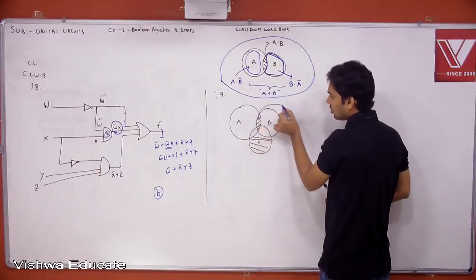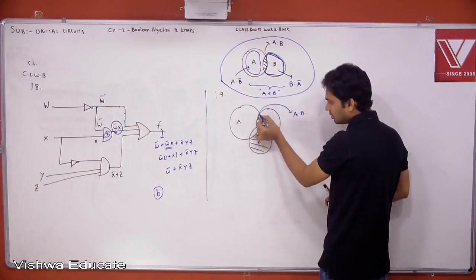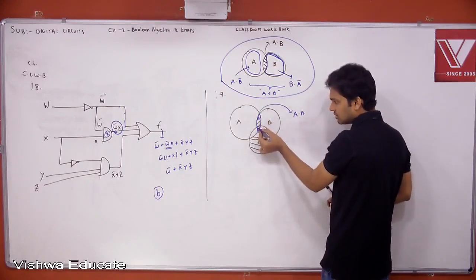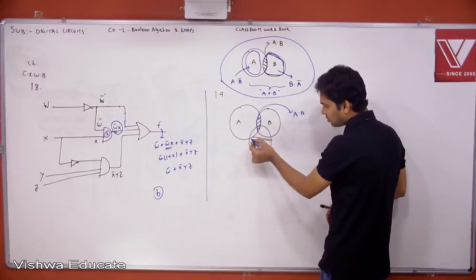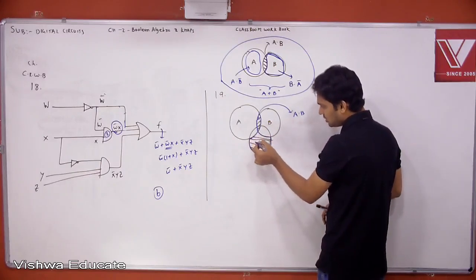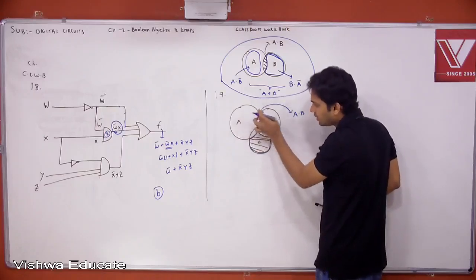Now this common area is called A into B. This includes ABC, but AB plus ABC is again AB only. Now what about this area? This is exclusively in C but not in the remaining.